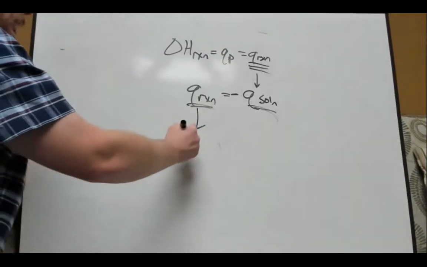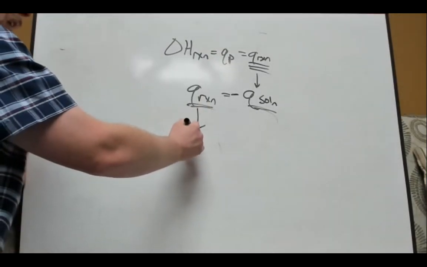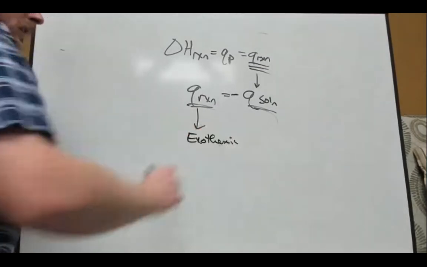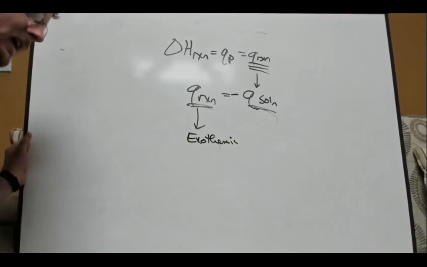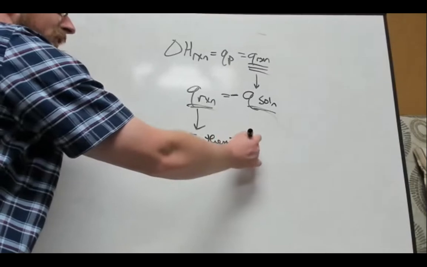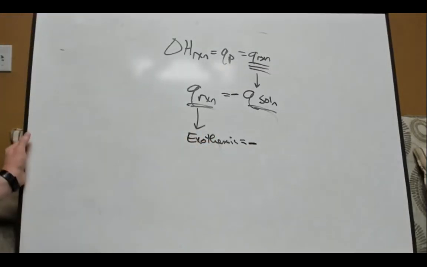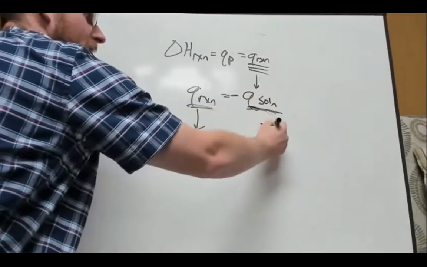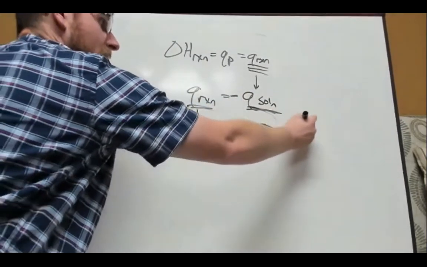So let's say we are to look at an exothermic reaction. Remember the sign of delta H for an exothermic reaction. It's going to be negative. So let's think about what's going to happen to the solution. The temperature of the solution is going to increase.